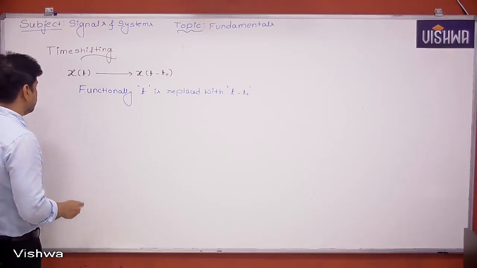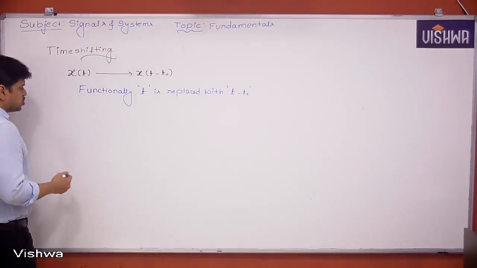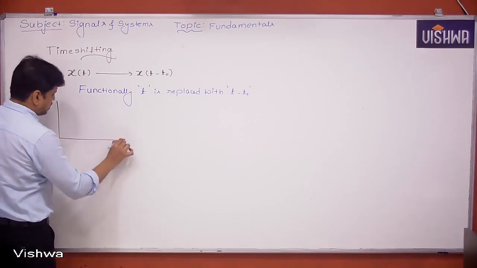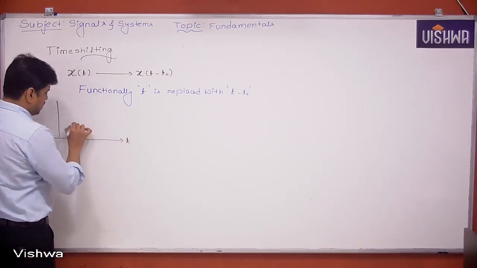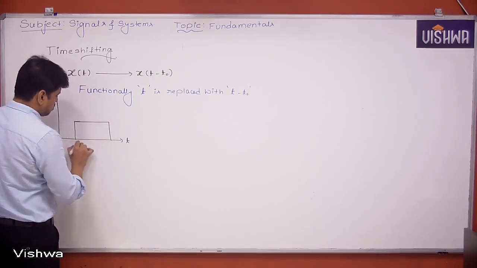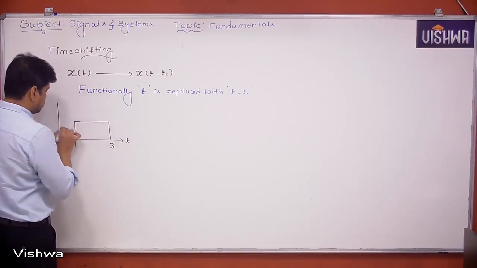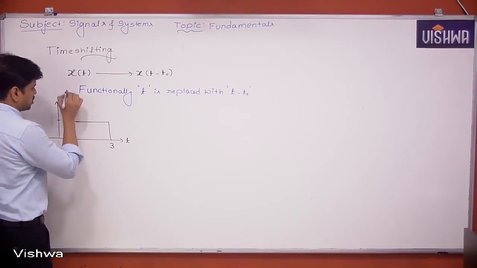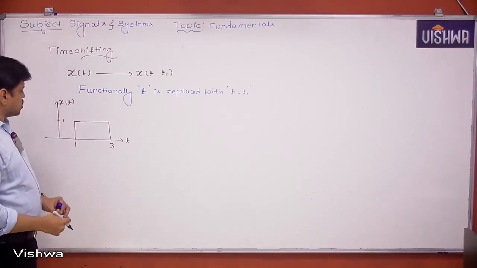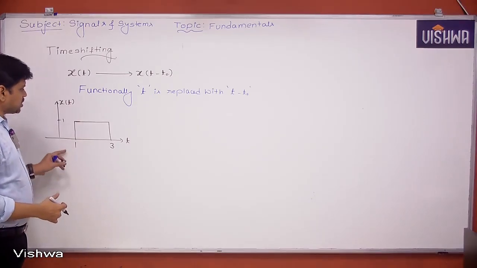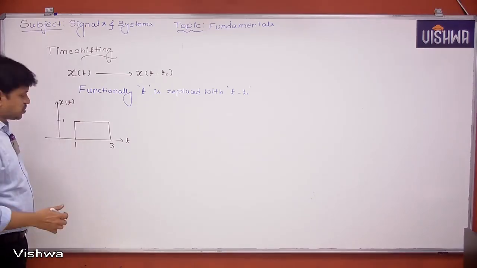Okay. Next, let's see graphically what is happening. For that, let's take one example so that you can understand clearly. Let's take a signal which is existing between 1 and 3 whose amplitude is 1. Let's call it x of t. This is the graphical representation of x of t. Can you represent the signal mathematically?